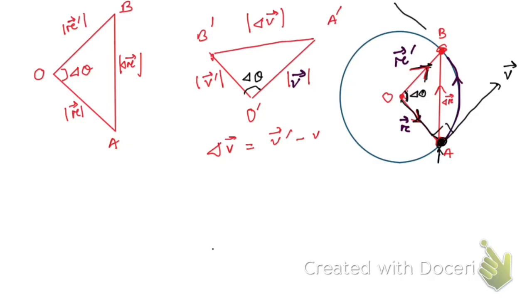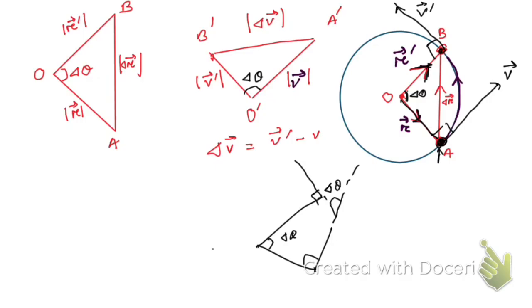Similarly, the instantaneous velocity at B must also be along the tangent at B, and the radius at B must be perpendicular to the tangent at B. As I have already told you, if the angle between two lines is del theta, then the angle between the perpendiculars to those two lines will also be equal to the angle between the two lines.